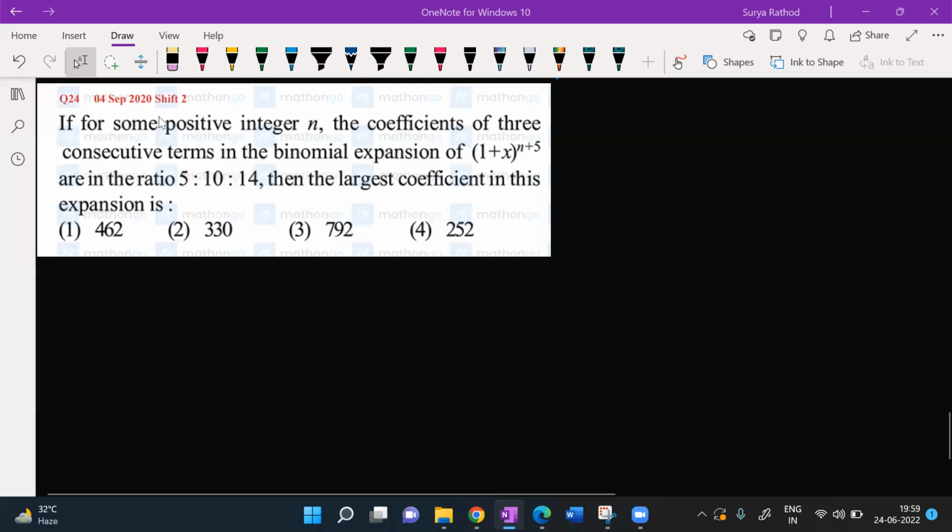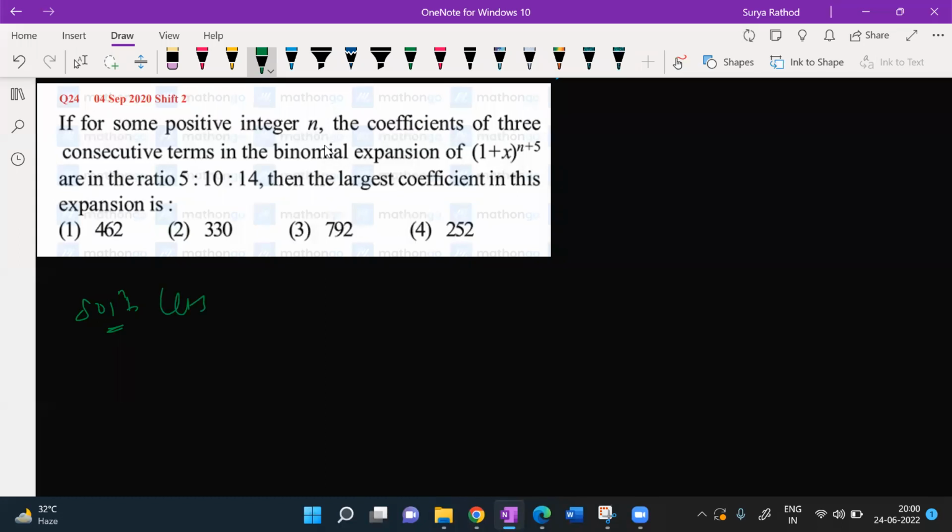For some positive integer n, the coefficients of 3 consecutive terms in the binomial expansion of this are in the ratio given. Then the largest coefficient in this expansion is what? I do not know which 3 consecutive terms in this expansion.